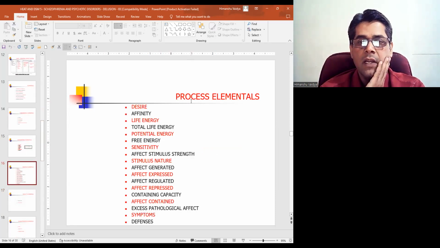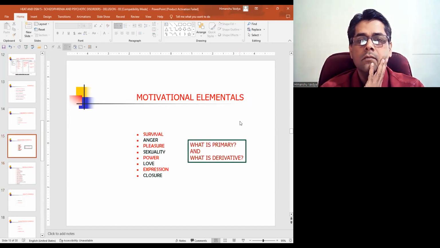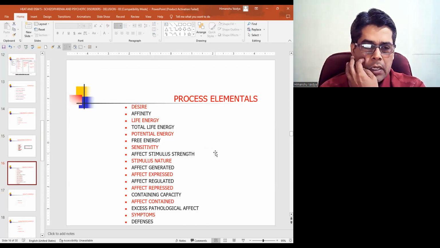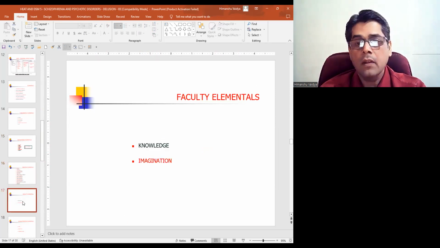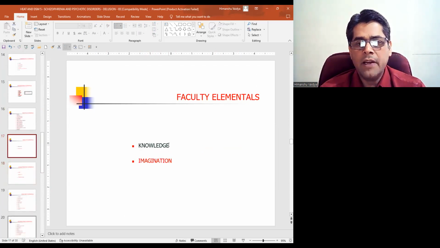In terms of process elementals, what is at work? All these elementals will be at work. It's very difficult to remove anything from the process elementals because they are generic to all pathology. Faculty knowledge, of course, knowledge is present here by its absence.